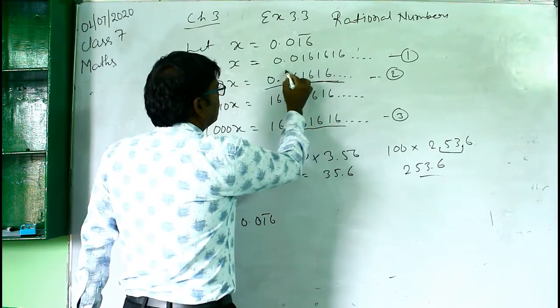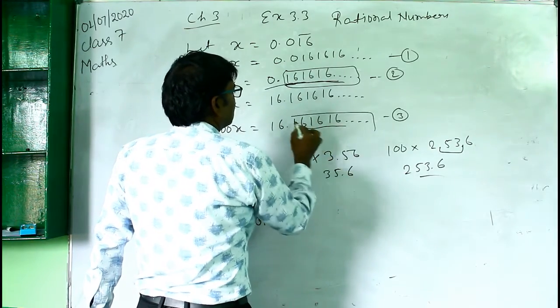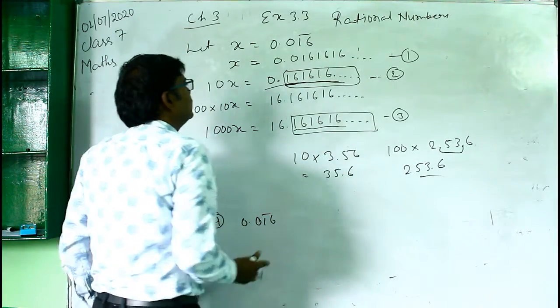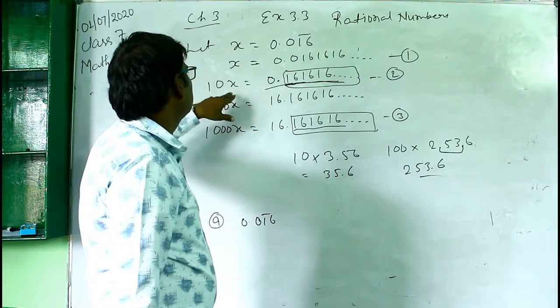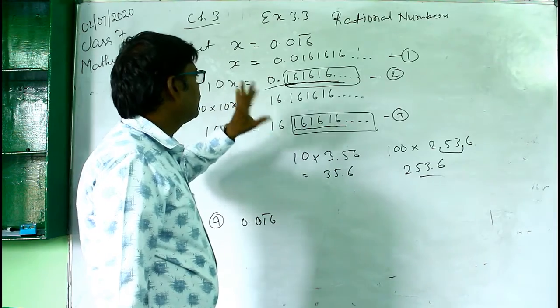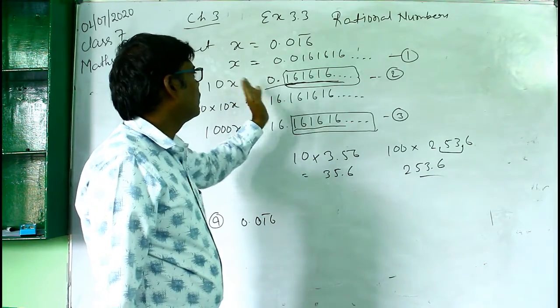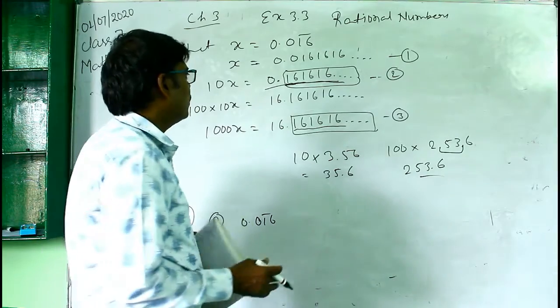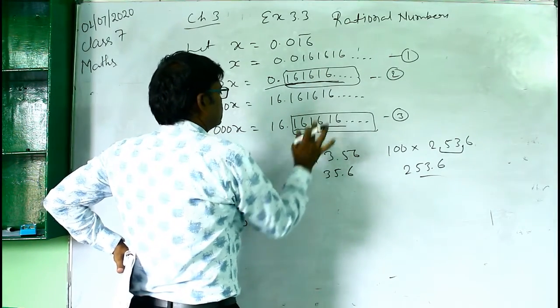That is, this part and this part are exactly the same. So that is why I have multiplied this by 10 and this by 100, so that the purpose is to get the same number after the decimal. Okay, now subtract this from this.